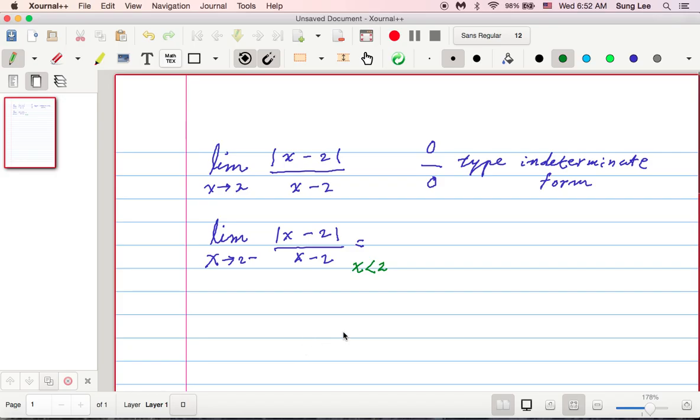So x minus 2 is less than 0. If x minus 2 is still less than 0, what happens to the absolute value of x minus 2?